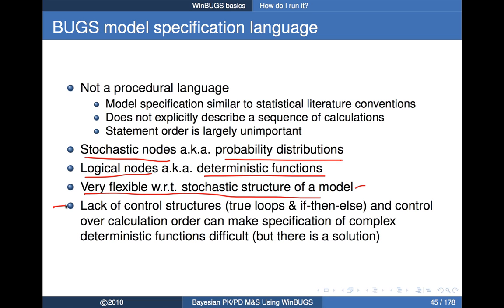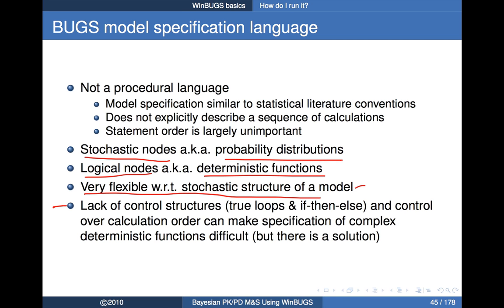A weakness is the lack of control structures. It doesn't have true for loops or while loops, things like that within it. It also doesn't even have a true if-then-else construct within it. As a result, the other aspect that had to do with statement order is it means you don't have a lot of control over the order of calculations that are done.